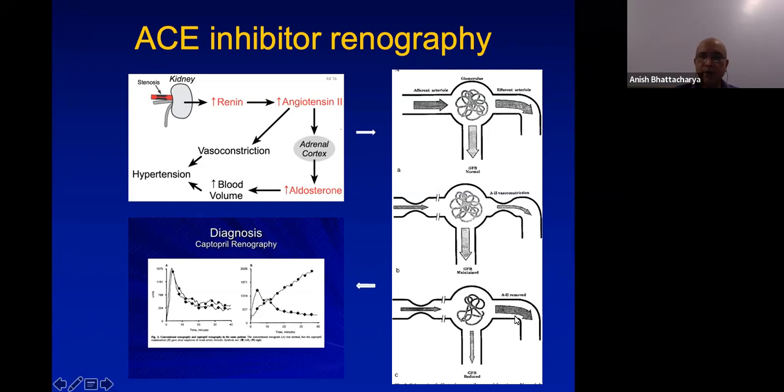There is efferent arteriolar dilatation. The afferent arteriole still remains stenosed because of the pathology. So there is a drop in the renal glomerular filtration. As a result, what happens? The renogram curves, which would have been normal, in the affected kidney show a slow, steady rise without any subsequent drop in the renogram curve.